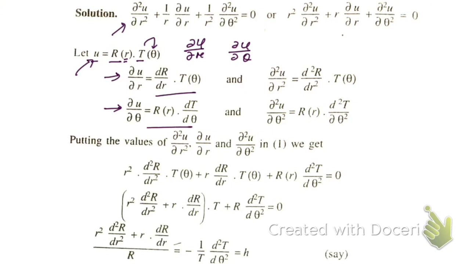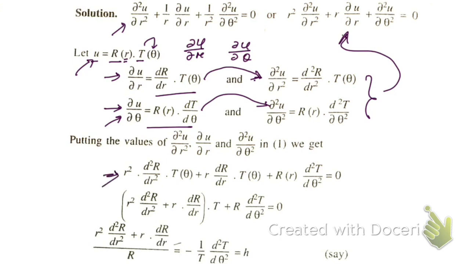And again we have differentiated this one, and again differentiating this with respect to theta, we have got this one, right? Now using these results in the above equation, we have got this result, right? So hope you have understood this.